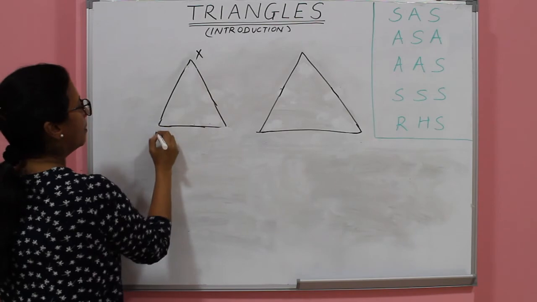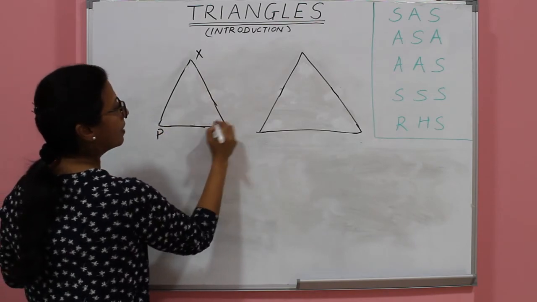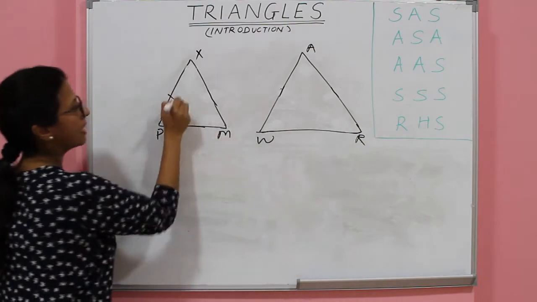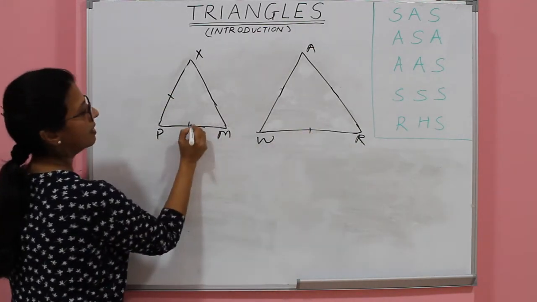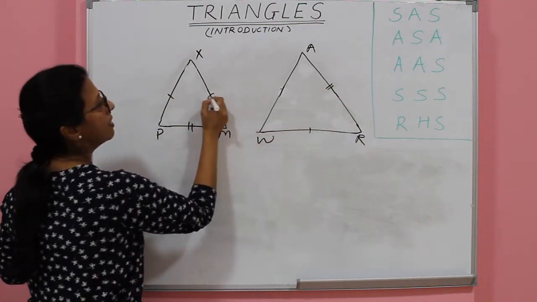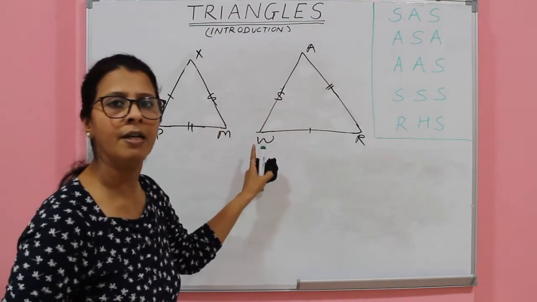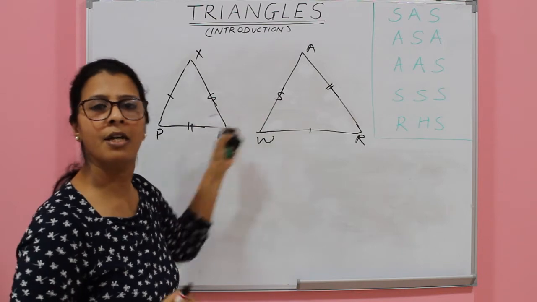Suppose it is XPM and AWR. Three sides are equal. This side is equal to this, this is equal to this, this is equal to this. These are all given. If the three sides of the triangle are equal, then the two triangles are congruent.